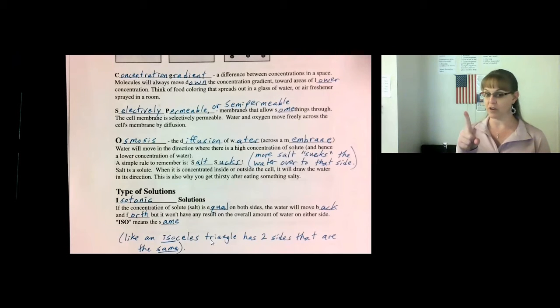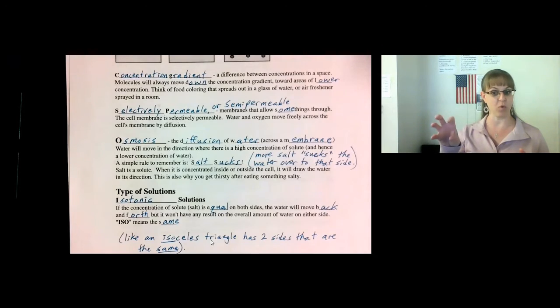So water diffuses across a membrane. Now, let's say you have water and salt water. In which one is the water more concentrated? Yes, there's more salt over here, but we're not asking about that. In which one is the water more concentrated, more pure?